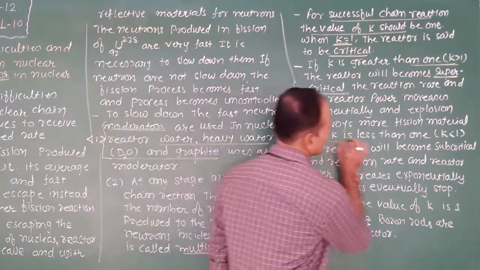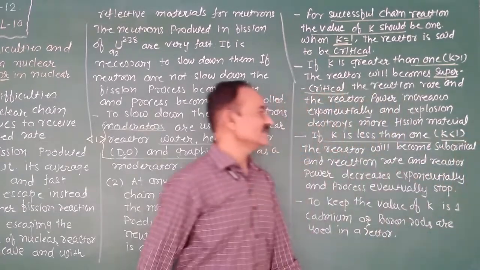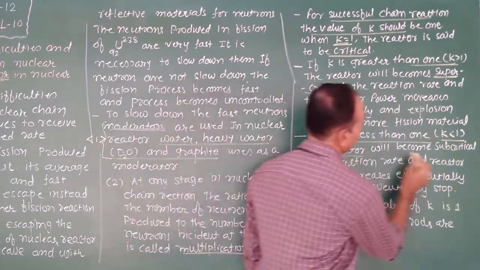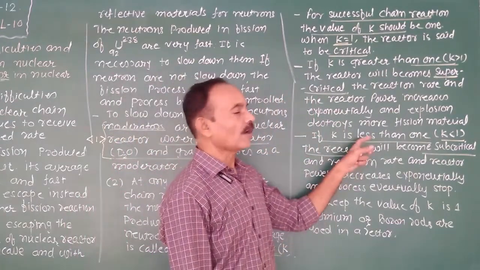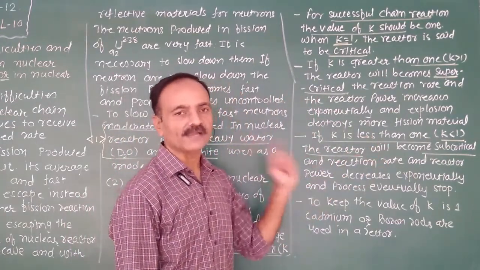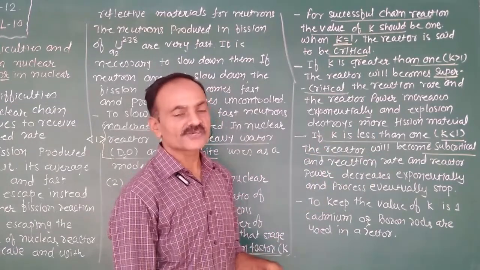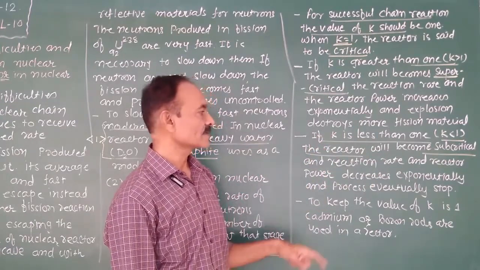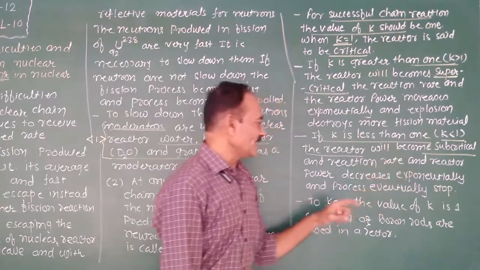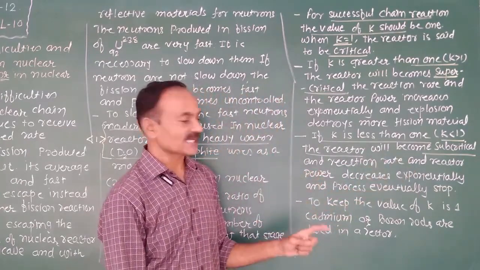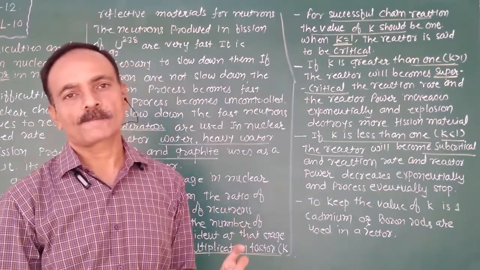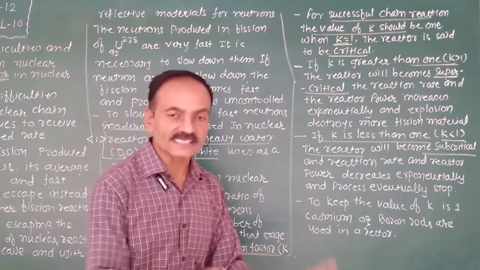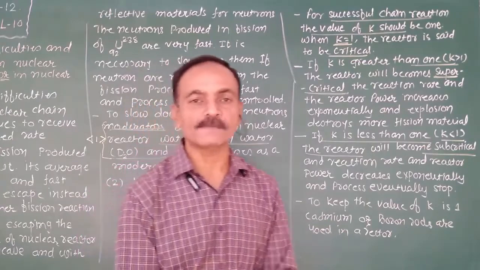And if K is less than 1, the reactor will be in a subcritical stage. If the value of K is less than 1, the reactor is in a subcritical state.